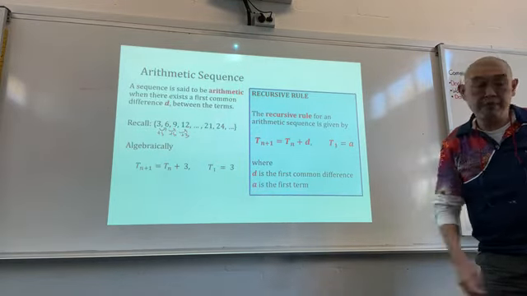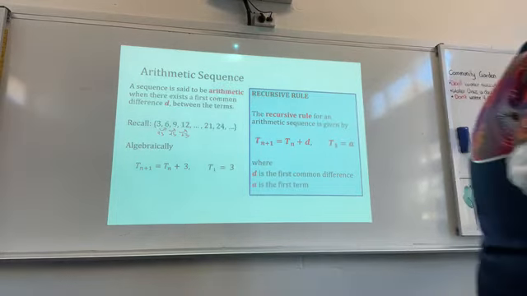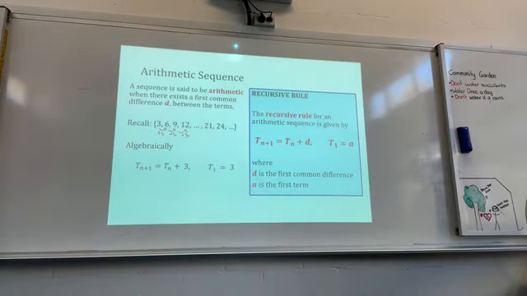The recursive rule is Tn plus 1 equals Tn plus D, and T1 equals A. Alright? So D is the first common difference and A is the first term. That will always be the same, whether we use the explicit rule or the recurrence rule.